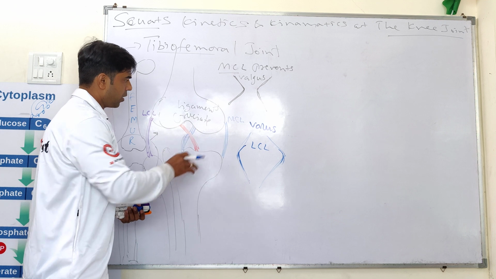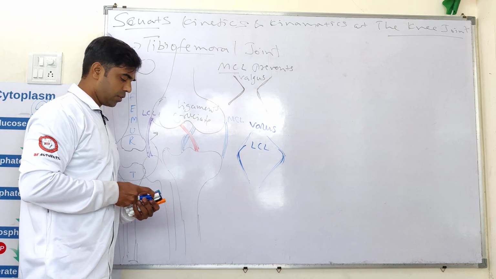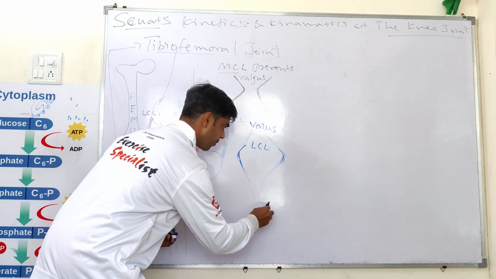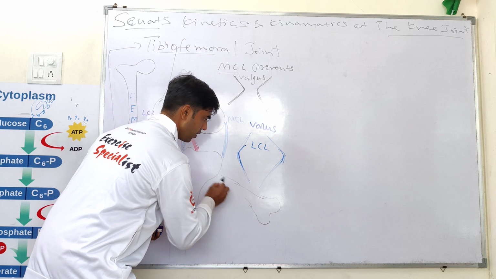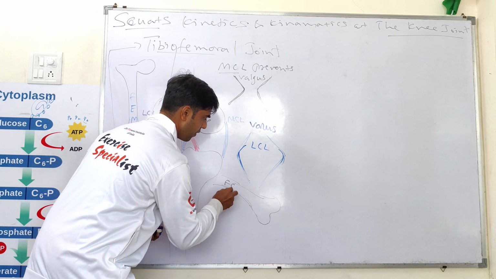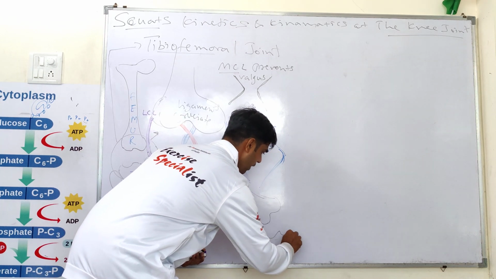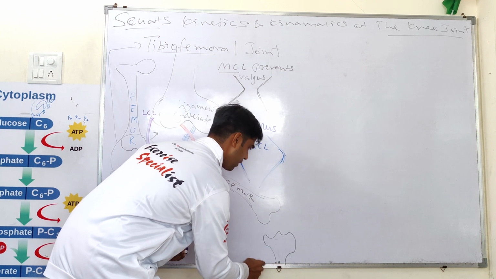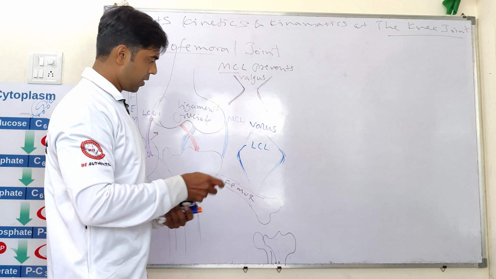And what is the role of your ACL and PCL? So let's make a squatting joint of action here. This is your femur, and then we have the tibia and the fibula, right?